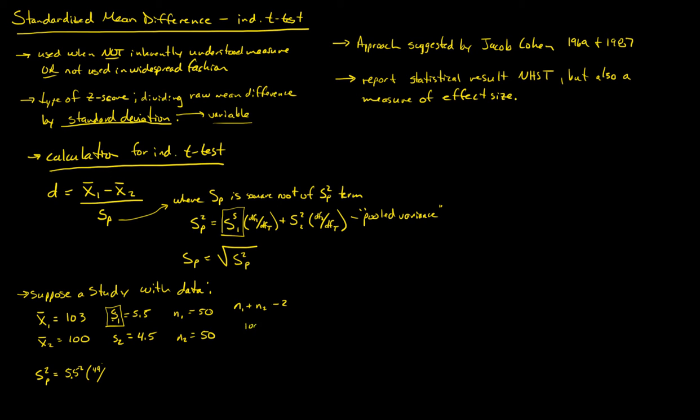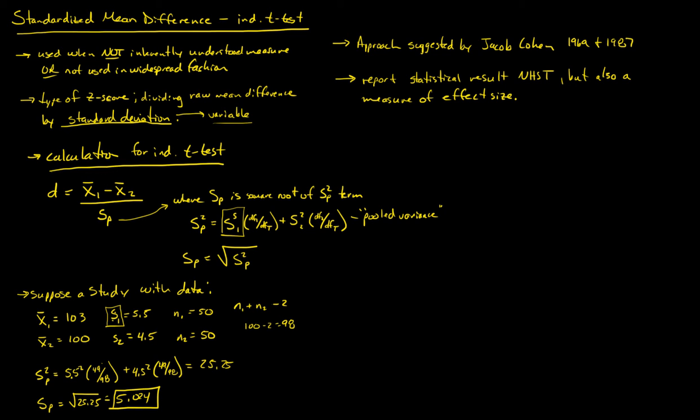So this would be 100 minus 2 equals 98. So divided by 98, plus 4.5 squared times 49 divided by 98. If you plug and chug this, you get 25.25, and to get the pooled standard deviation, it's the square root of 25.25, which equals 5.024.